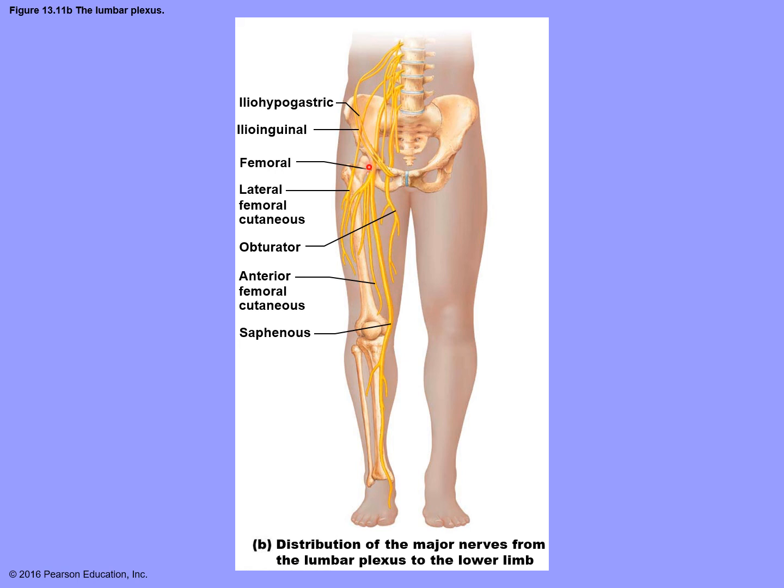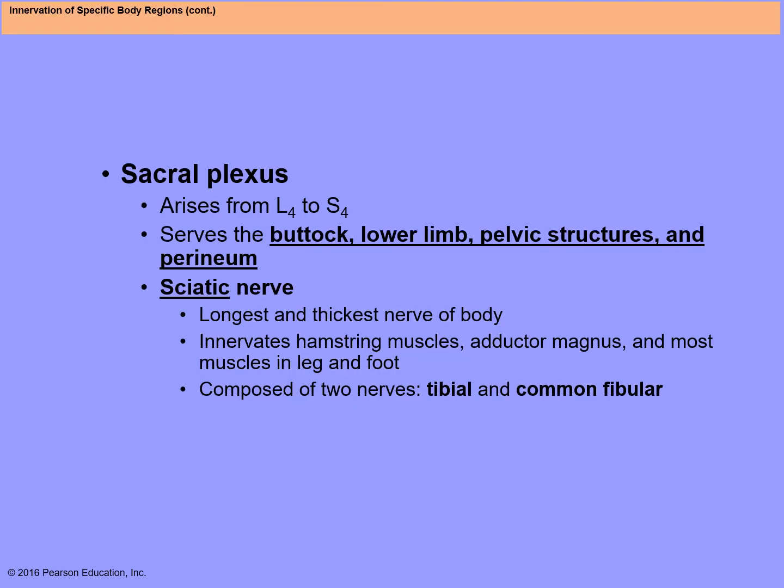Here's the femoral nerve here. And the sacral plexus is also serving the lower leg, the pelvic structures. The sciatic nerve, this is the longest and the thickest nerve in the body. It's going to innervate your hamstrings, your adductor magnus, most of the muscles in the leg and the foot, and it extends all the way down to your toes.